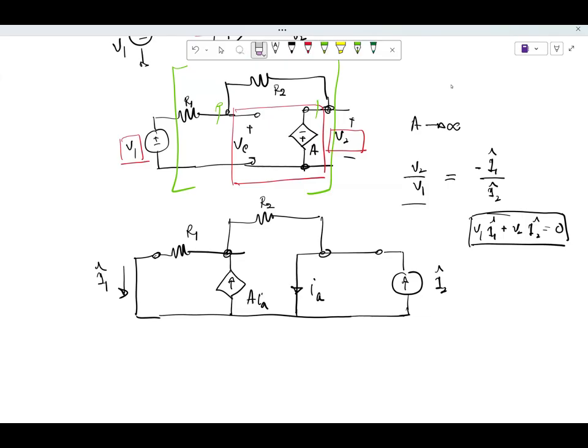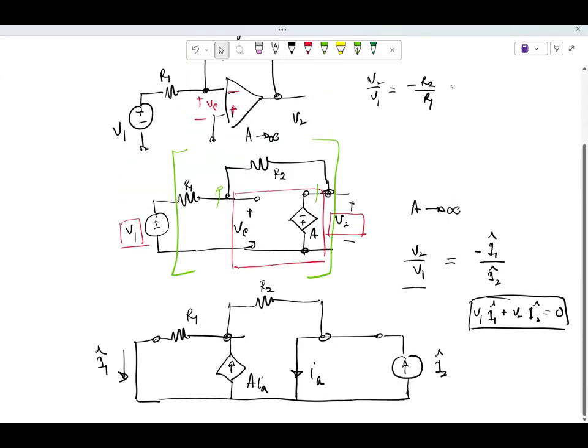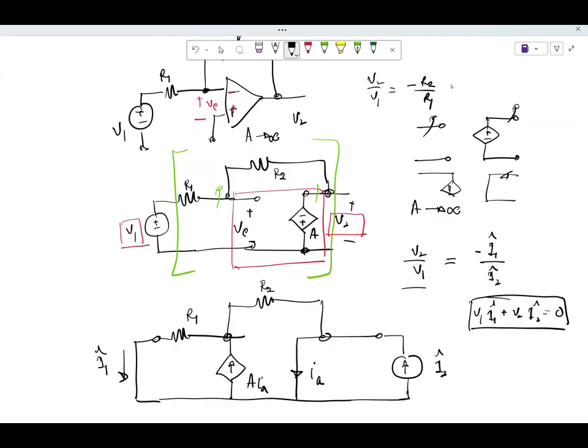If I have a voltage controlled voltage source pointing like this, then if this goes up, this goes up. Similarly, if I replace it with a current source, the current comes in, so at the output side the current should also go out so that the corresponding voltage equivalent goes up, right?